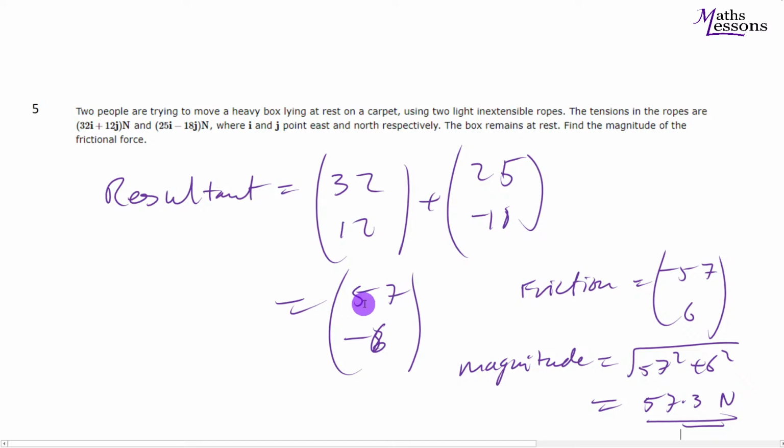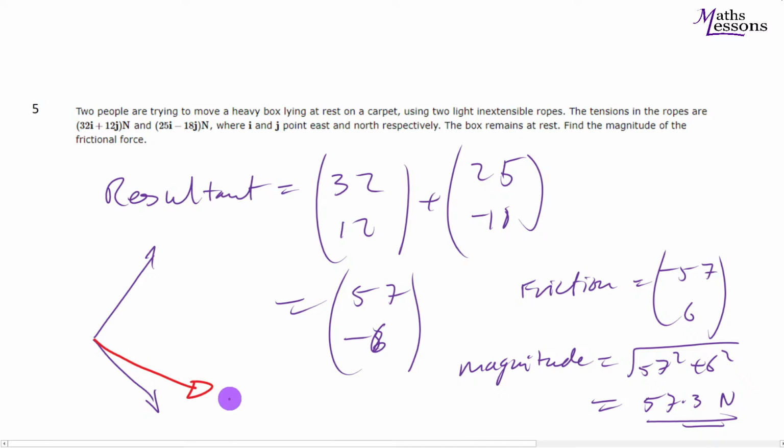Okay, I've got to ask why I've changed this from 57 to minus 57. This is the resultant of the two tensions. So if we have the two tensions, so we've got 32, 12 is that direction roughly, and 25, 18 is that direction. If we were to replace them with one force, then it would be a force that would be 57 minus 6, so that would be that direction.